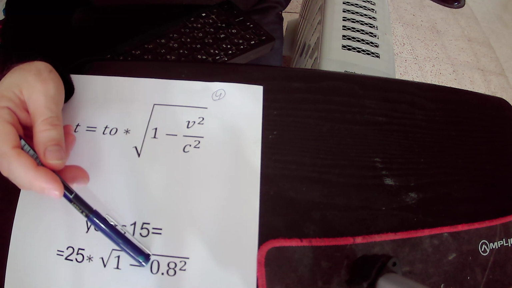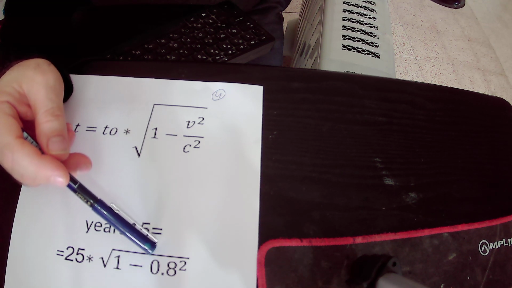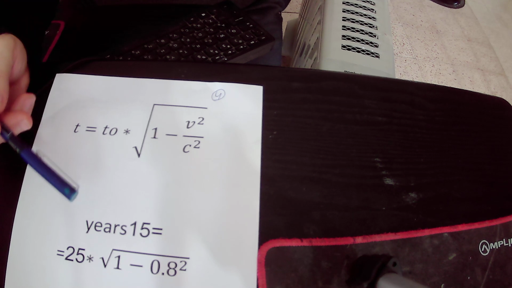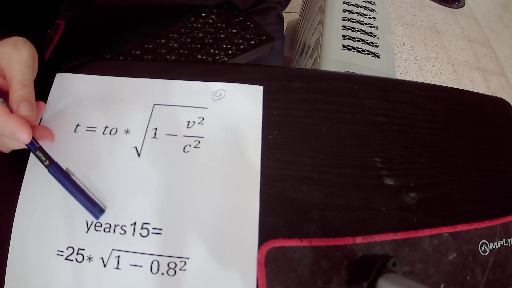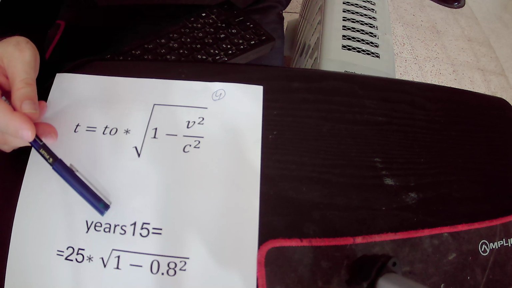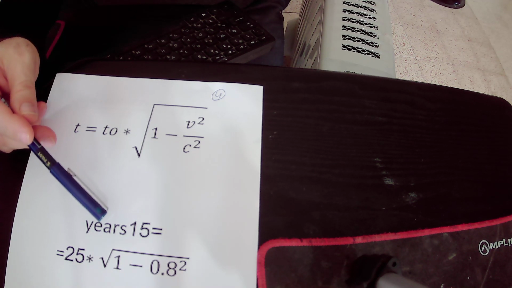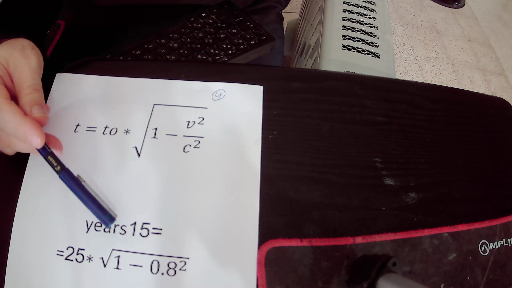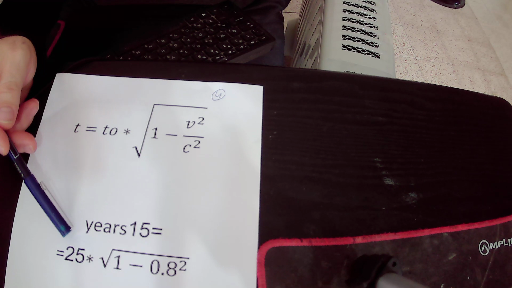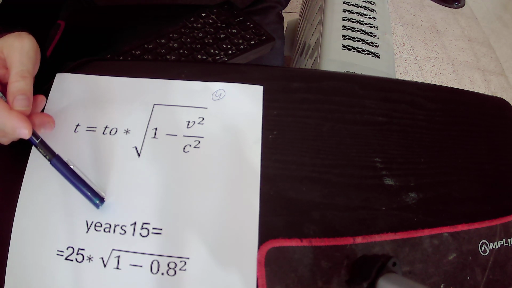The result is 0.8 squared. And 1 minus 0.8 squared is 0.36, and the root of 0.36 is 0.6, and 0.6 times 25 equals 15 years.